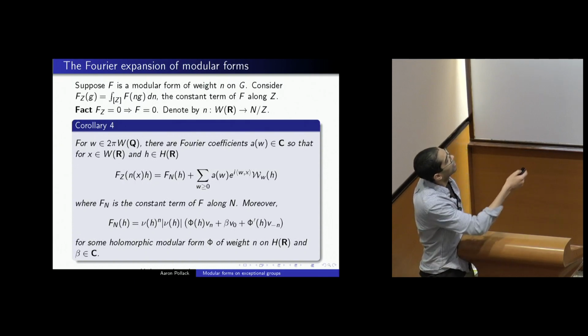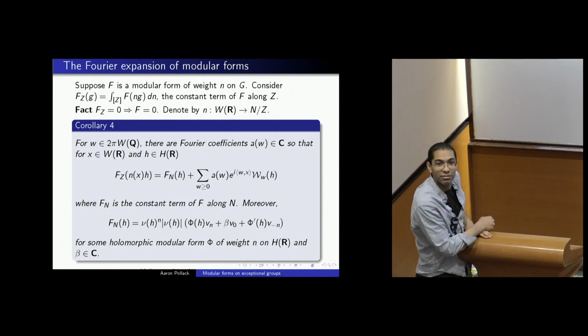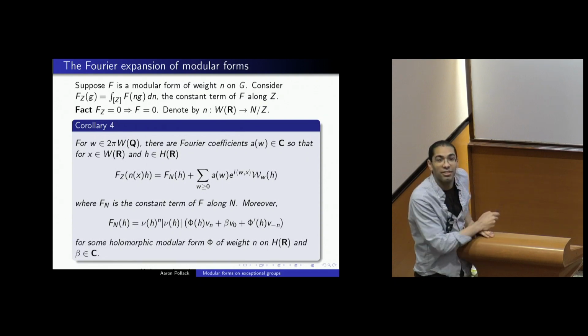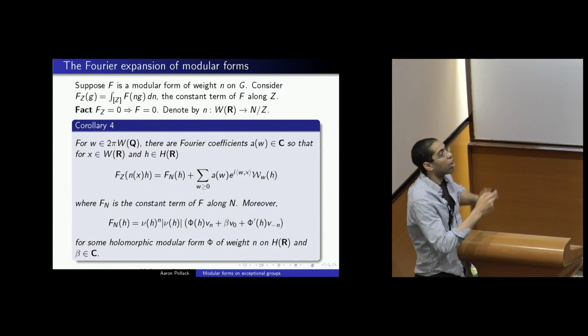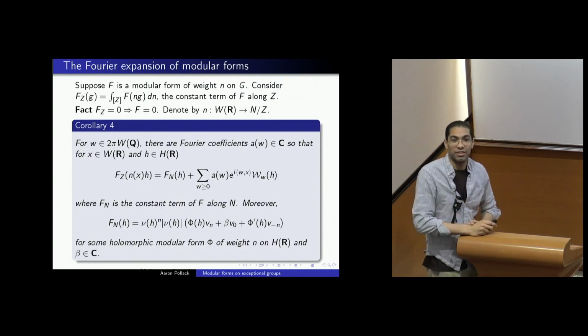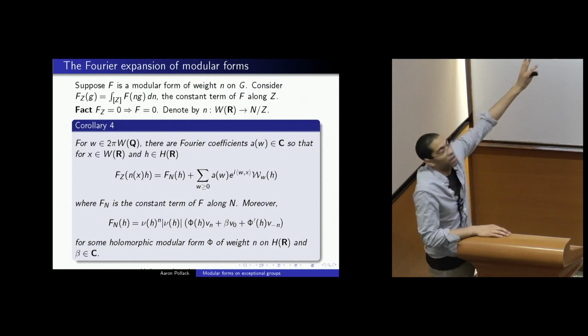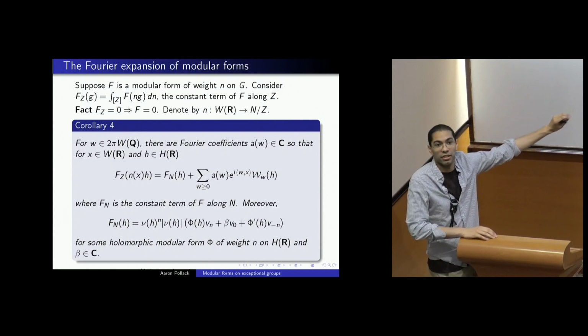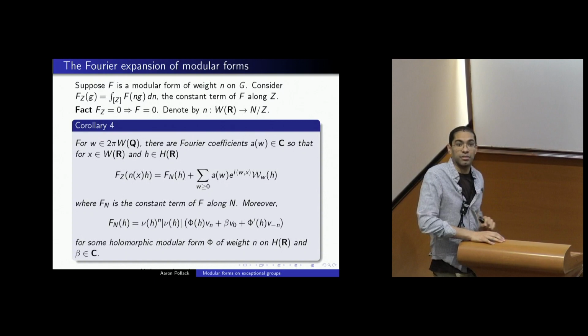Oh, this says f z equals 0 implies f equals 0. No, it's just a soft argument. It has nothing to do with these modular forms. It only has to do with the groups. It's true for any automorphic function on these groups.